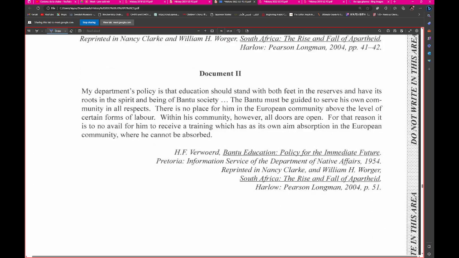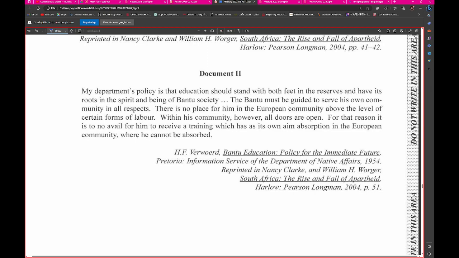My department's policy is that education should stand with both feet in the reserves and have its roots in the spirit and being of Bantu society. The Bantu must be guided to serve his own community in all respects. There is no place for him in the European community above the level of certain forms of labor.